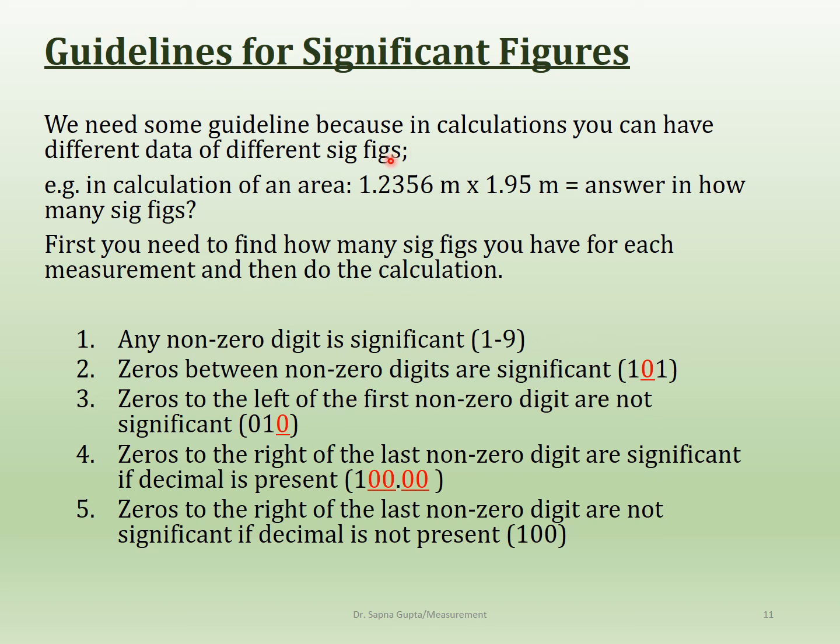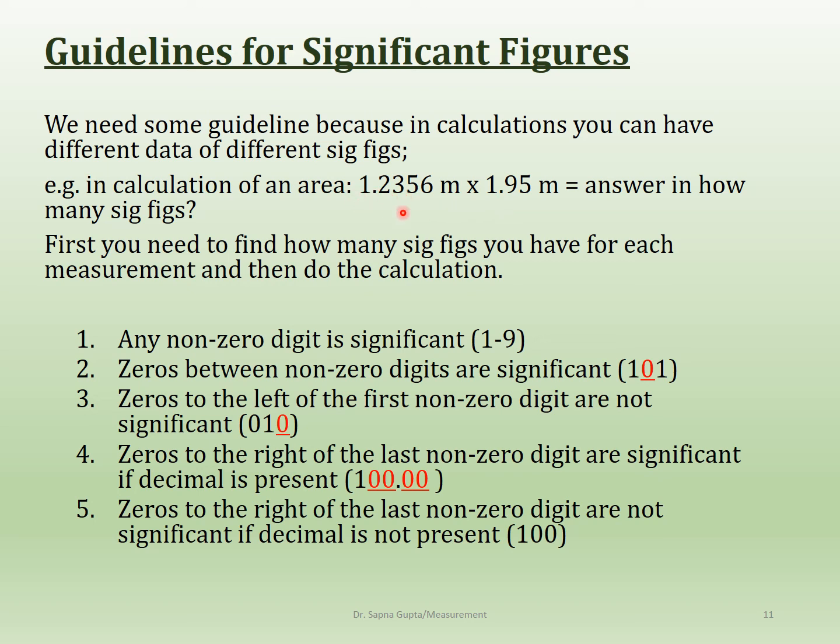So for example, you're trying to calculate the area of something. And this is what you come up with in measurements: 1.2356 meters and then 1.95 meters. You have to multiply these two. So then you have to figure out, what am I supposed to do? How am I supposed to get the answer? Should I have this many significant figures or this many?